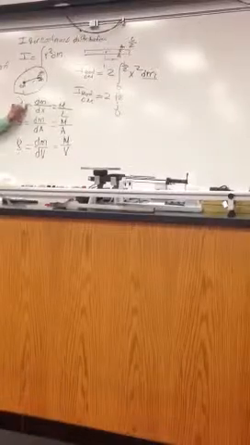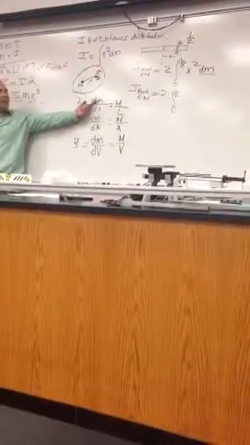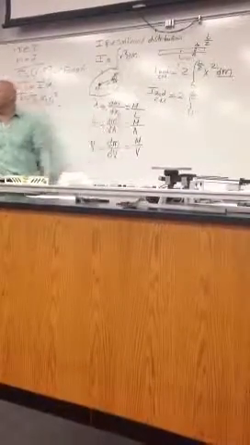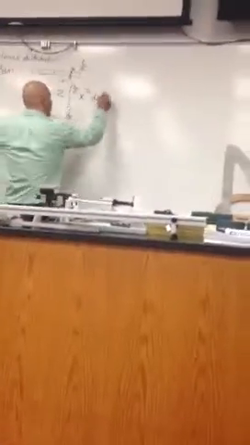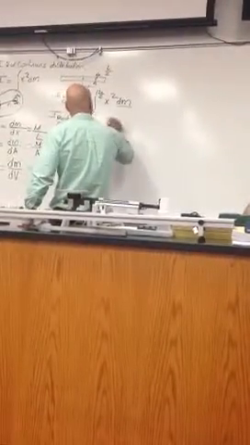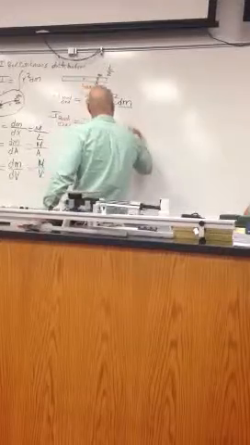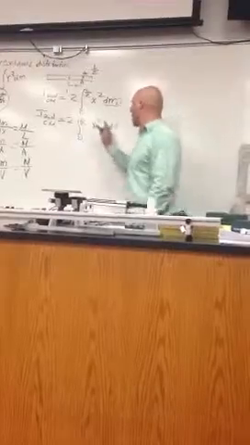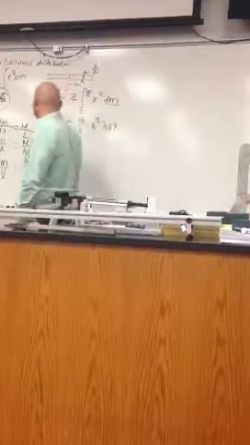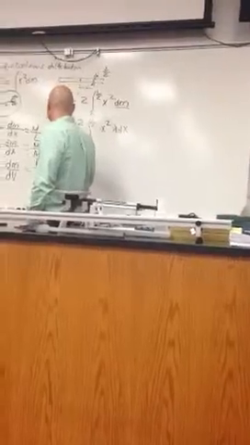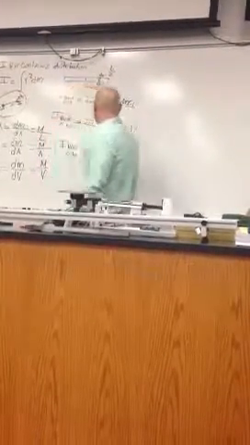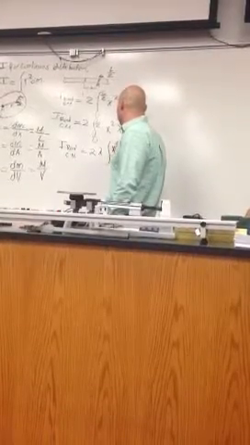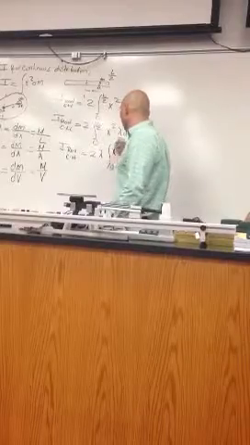If we have lambda, we can replace dm by a spatial coordinate, lambda dx. If lambda is constant, I can move it out of the integral. So it will be 2 lambda times the integral of x squared dx from 0 to L over 2.